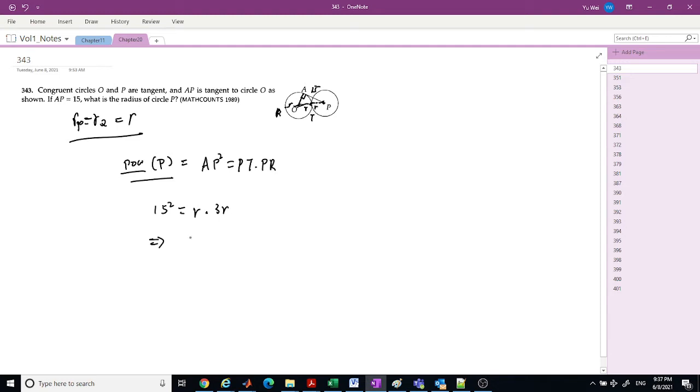So then R squared is equal to 15 times 5, so R is equal to 5 root 3. The power of a point is very, very important for circles.